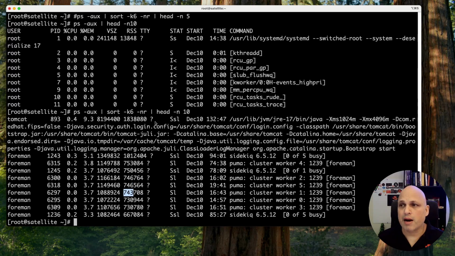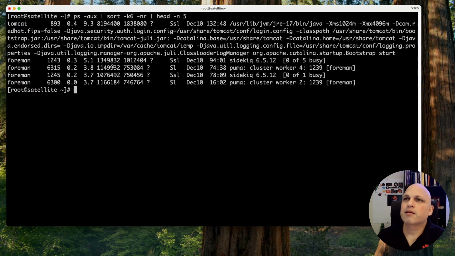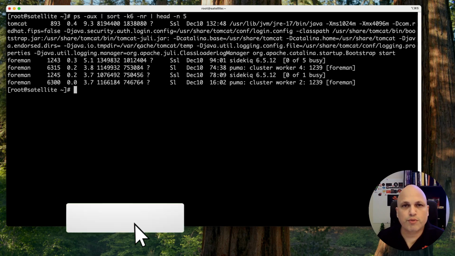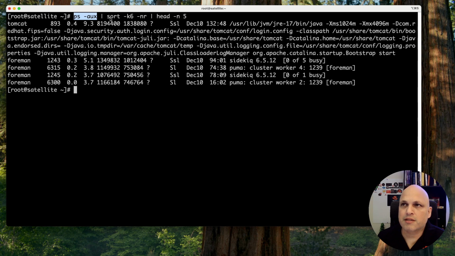And now, my wish is to get the top 5. So now we can clean up the screen. Let's return to this original command and let's run it. So look how beautiful it is. Totally deserves your subscription. ps aux to get the process, sort by the 6th column, reverse and numerical, and just filtering the initial 5 lines.